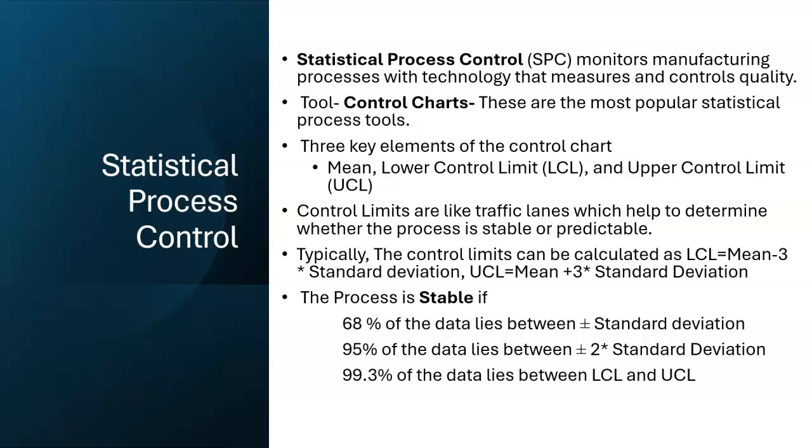We can decide the process is stable if 68% of the data lies between the mean plus or minus the standard deviation, 95% of the data lies between the mean plus or minus 2 times the standard deviation, and 99.3% of the data lies between the lower control limit and upper control limit. Now we'll see in Excel how to plot the control chart and how to do the analysis based on the control chart.